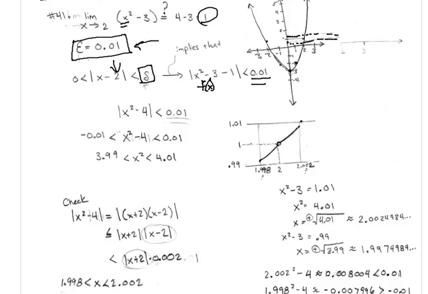So I can say from 1, let's add 0.01, and we get 1.01. And from 1, let's subtract 0.01, and we get 0.99. So I can try to find a value of x for which the function is equal to 1.01.